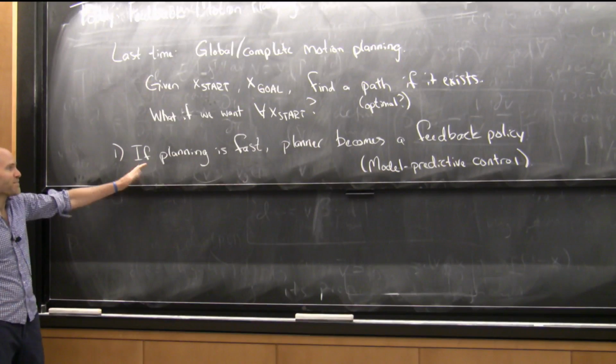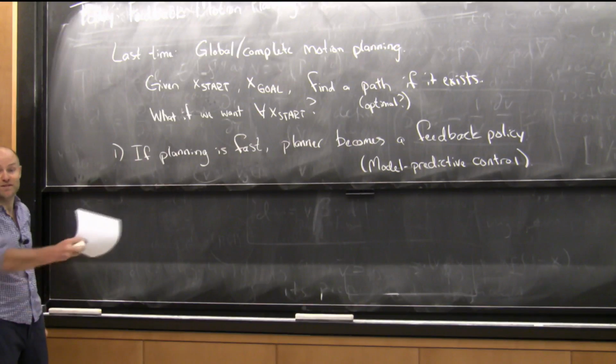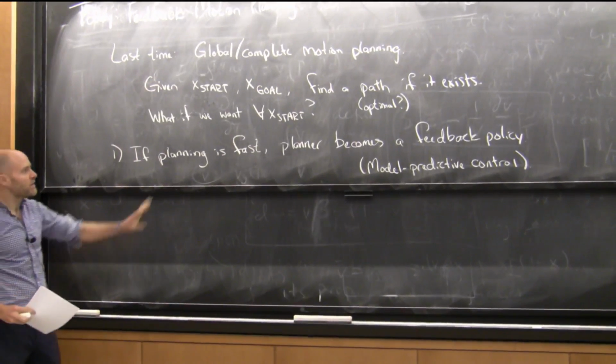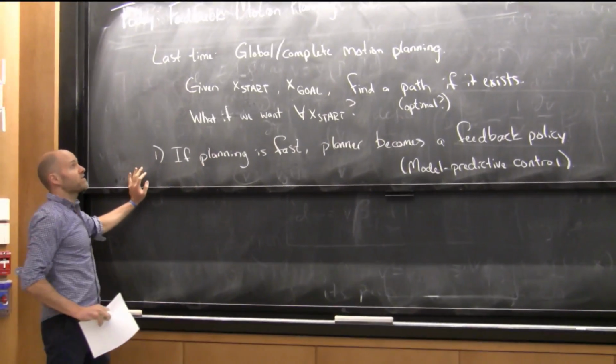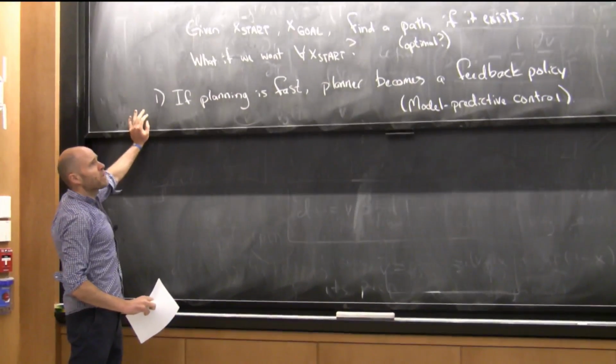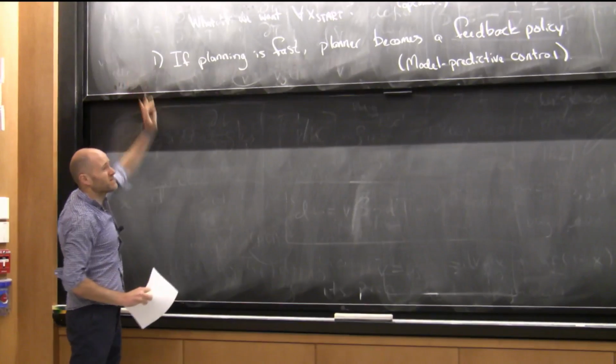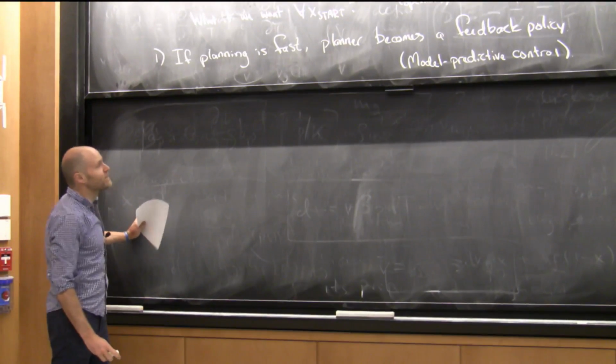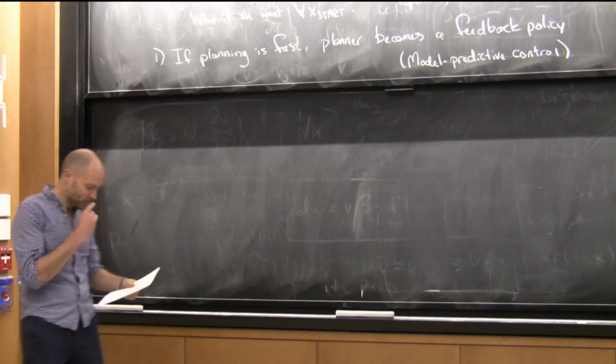You'd like to also have properties, for instance, about the plans that come out being somehow consistent over time. You don't want completely different plans coming out at every time. But roughly, if your planner is fast enough, then you do have a feedback policy. But the types of planners we talked about recently probably aren't fast enough. So that's not quite enough.